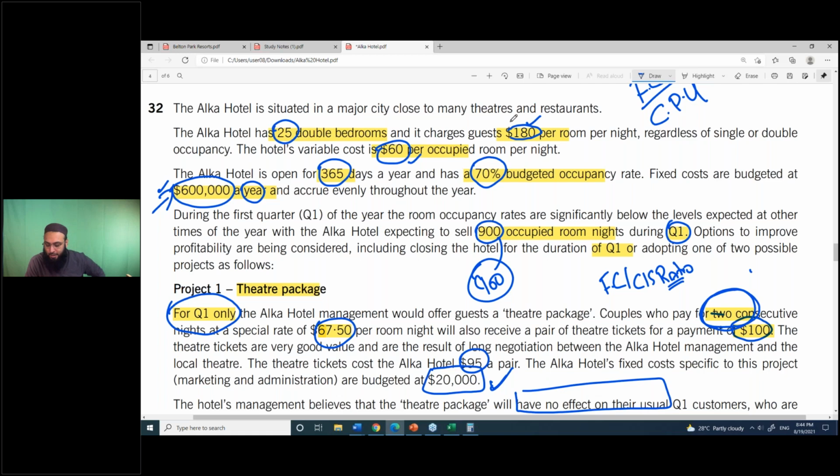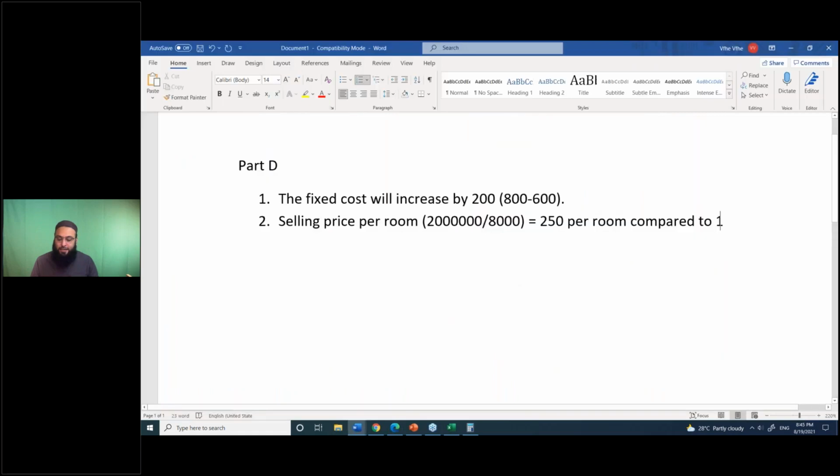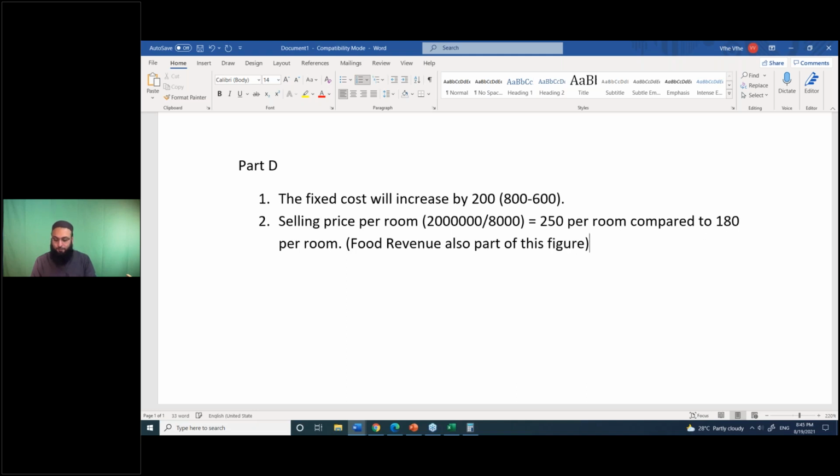Okay, compared to 180 per room, which is clearly showing you increase in the selling price. And this is just because of what? Obviously, it's because of the restaurant and food and all. Okay, food revenue is also part of this now. Okay, clear? Perfect. So food revenue is also part of this. So that's so easy, simple to understand without any issue, right?